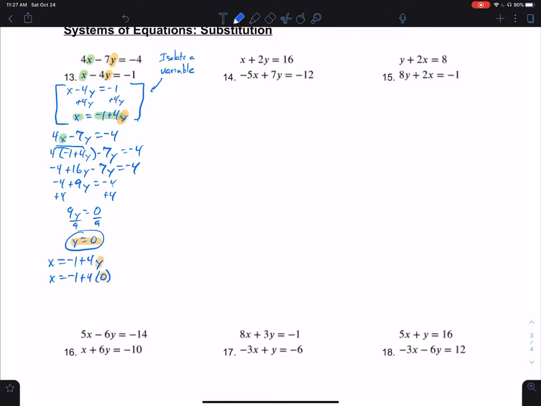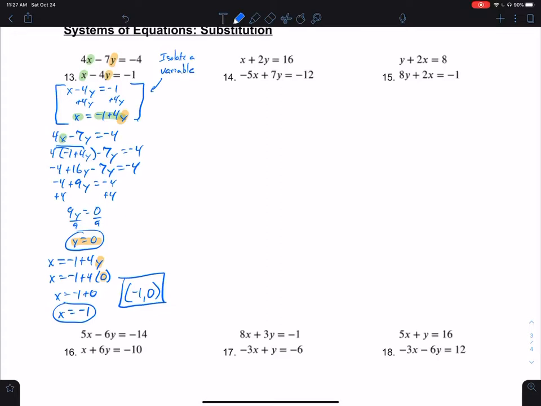Again, it's always easiest to substitute in for an equation where one of the variables is already isolated. Because now I need to just simplify one side of the equation, and I'll have my solution. So negative 1, 0 would be my coordinate point where these two intersect.